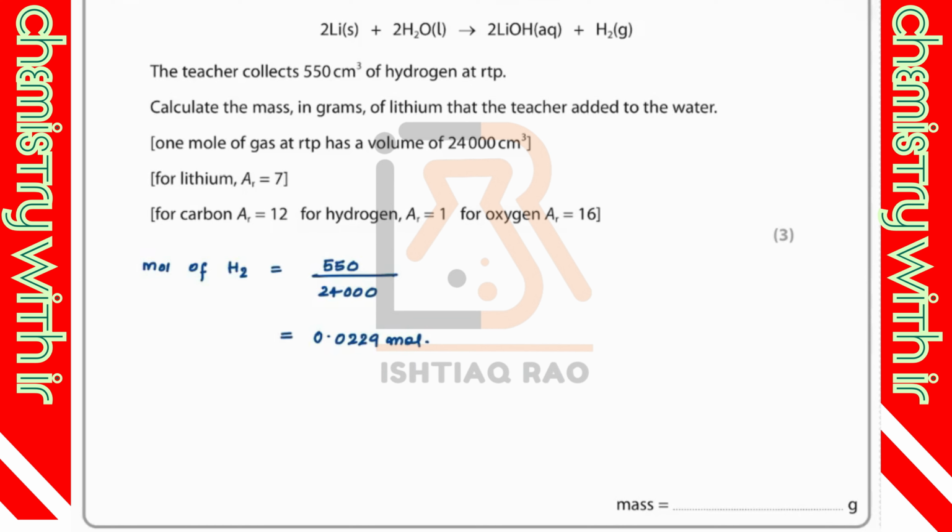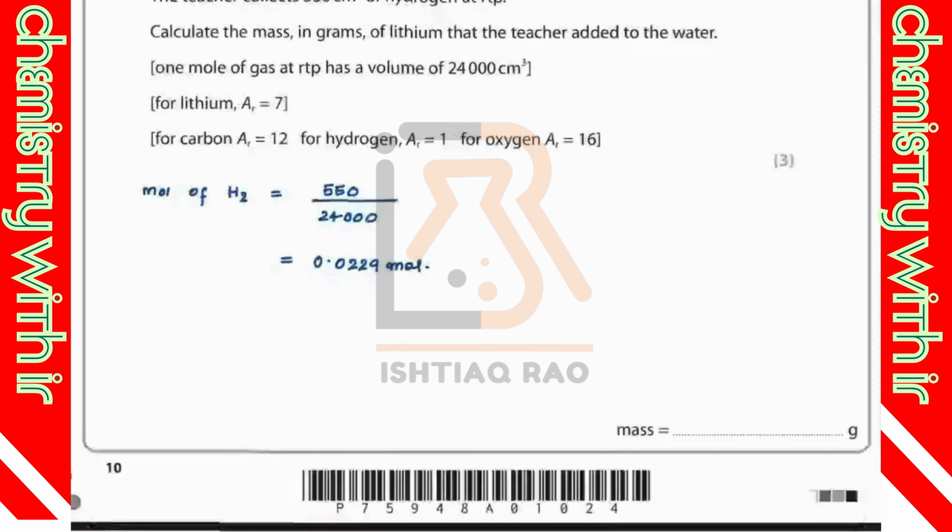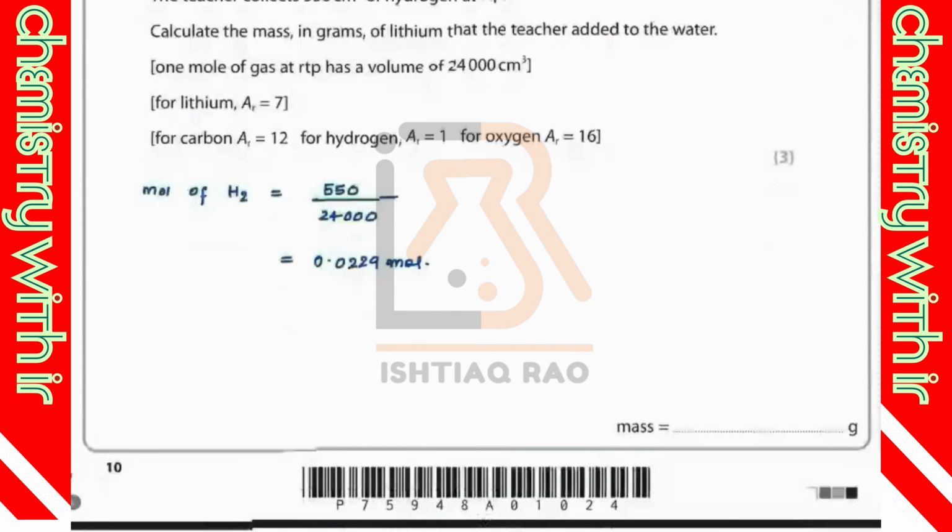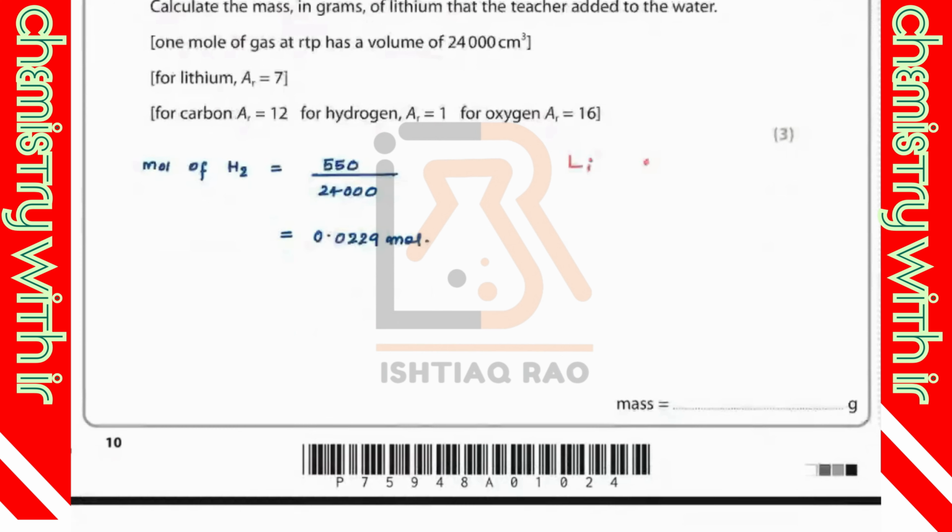According to the equation, the mole ratio between lithium and hydrogen gas is 2:1. I got the moles of hydrogen, 0.0229, so that would be X. X is equal to 2 multiplied by 0.0229, which is 0.0458 mole of lithium.